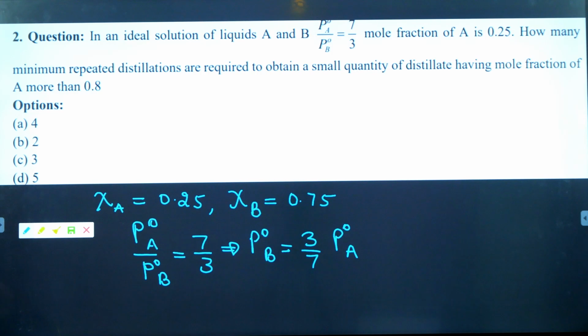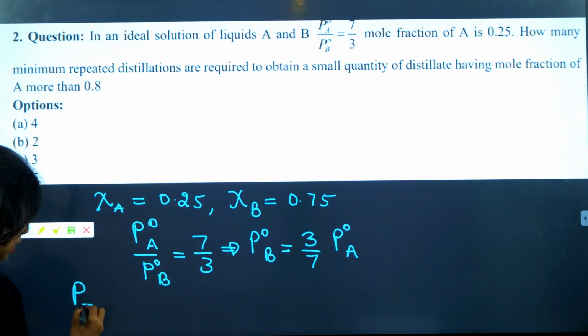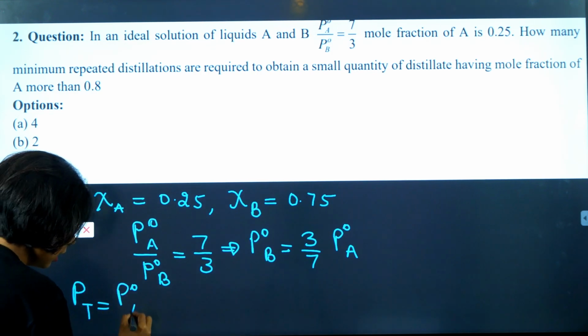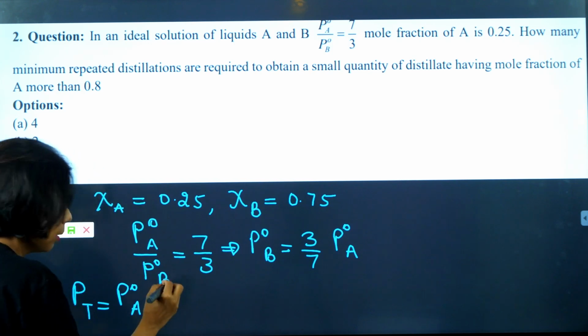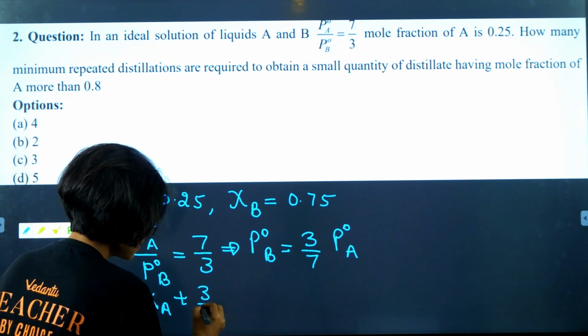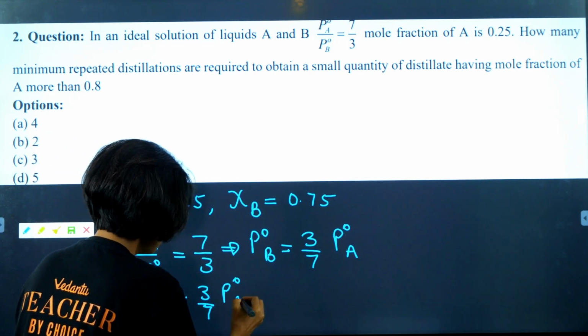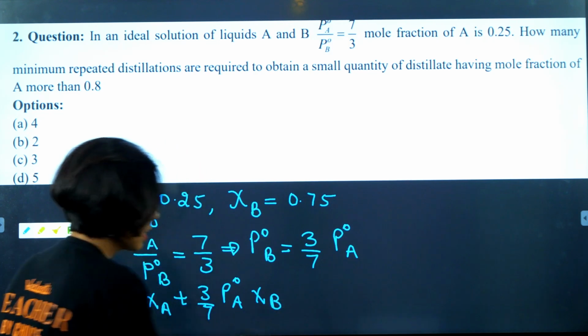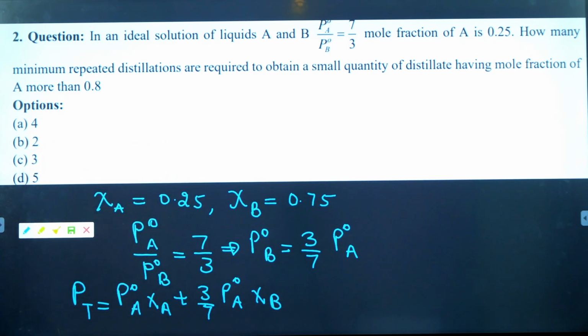Yes, guys. Now P total as per Raoult's law is P naught A XA plus P naught B XB, that is 3/7 of P naught A XB. XA, XB values are given to us.